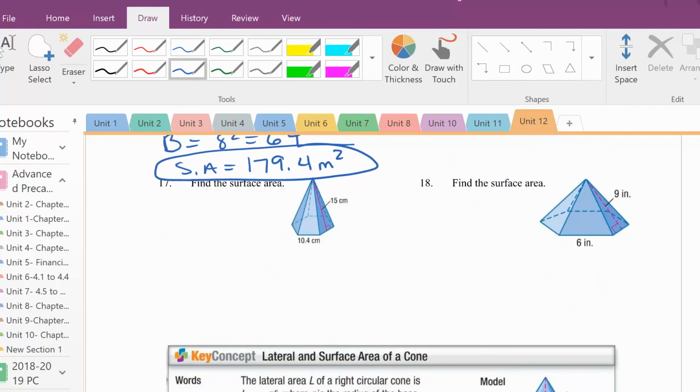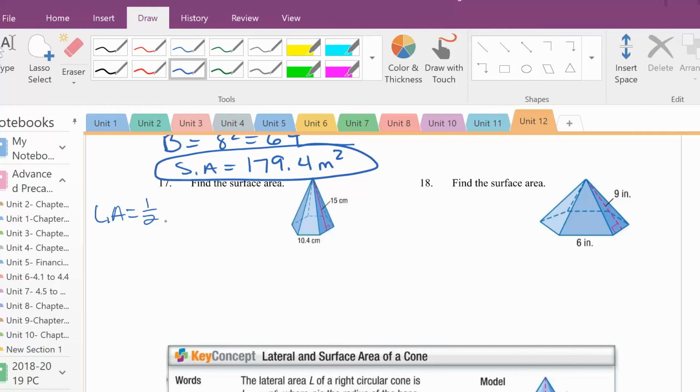All right, so finding the surface area here of these shapes, well, this is a hexagon. So the lateral area is equal to 1/2 the perimeter of the base.